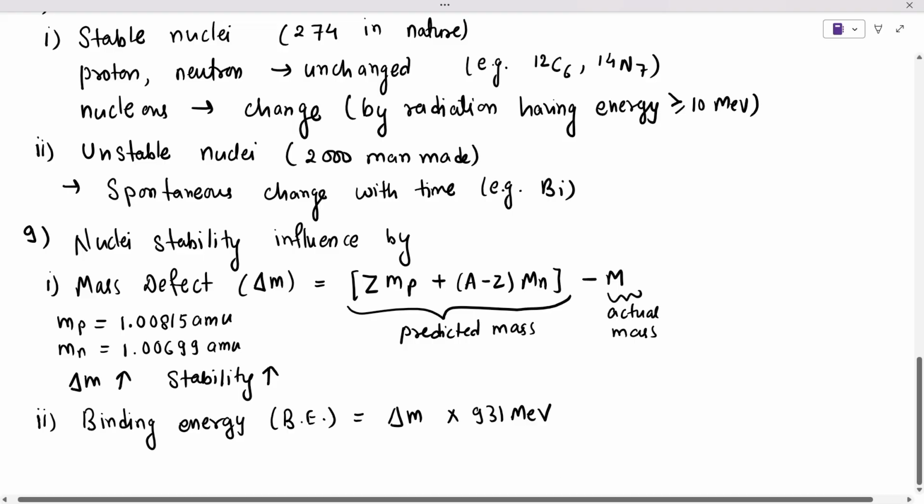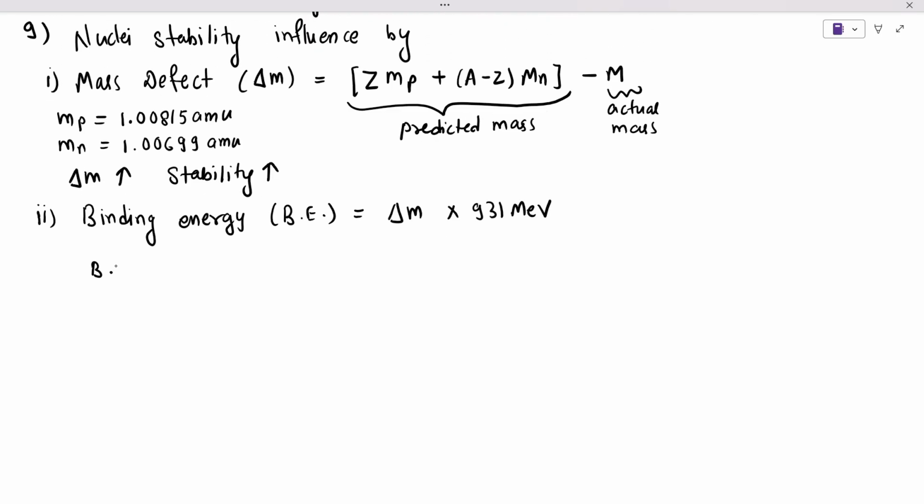Here delta M is nothing but mass defect. We have one formula for binding energy per nucleon, that is binding energy divided by number of neutrons plus number of protons. When binding energy per nucleon increases, stability also increases.